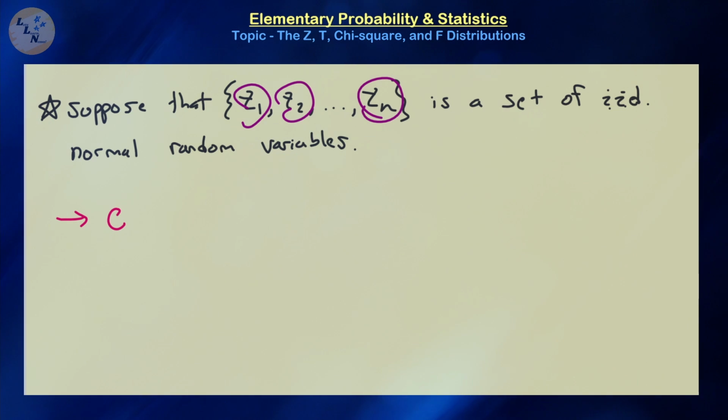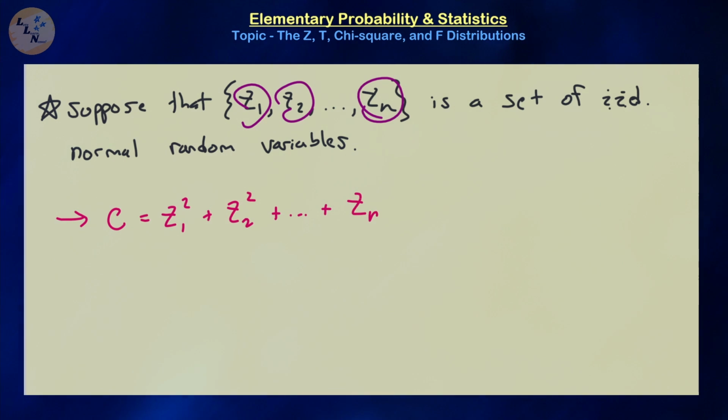So what we're going to do is define a new random variable. We're going to call this variable c, and this is going to be equal to the sum of the squares of each of these variables. So z1 squared plus z2 squared all the way out to zn squared. So obviously this random variable is always going to be non-negative, provided that these values only take real number values, which typically is what we're going to be using.